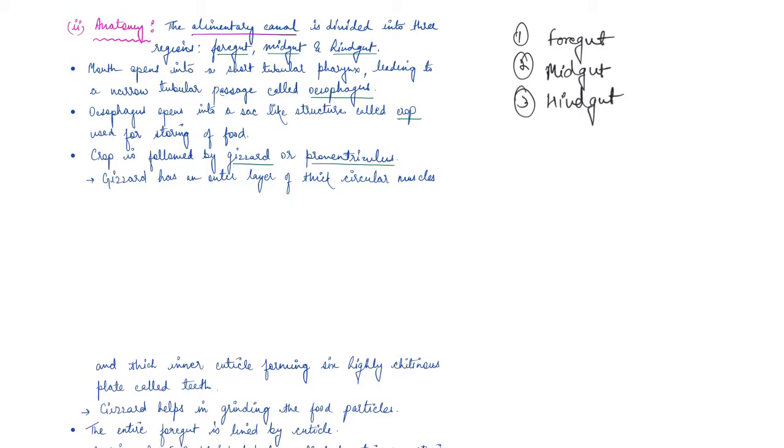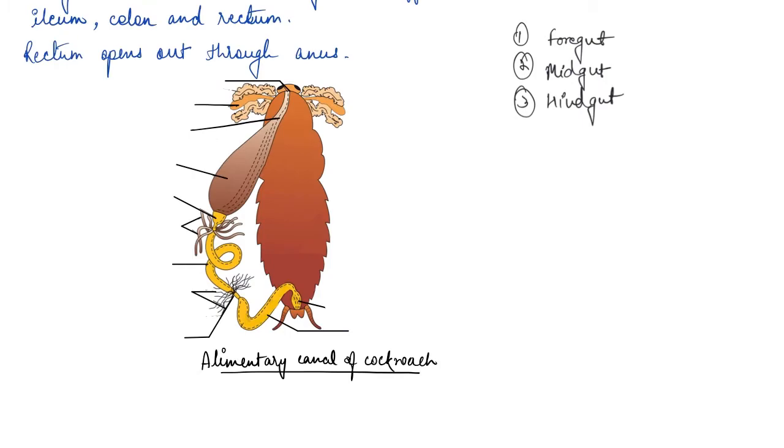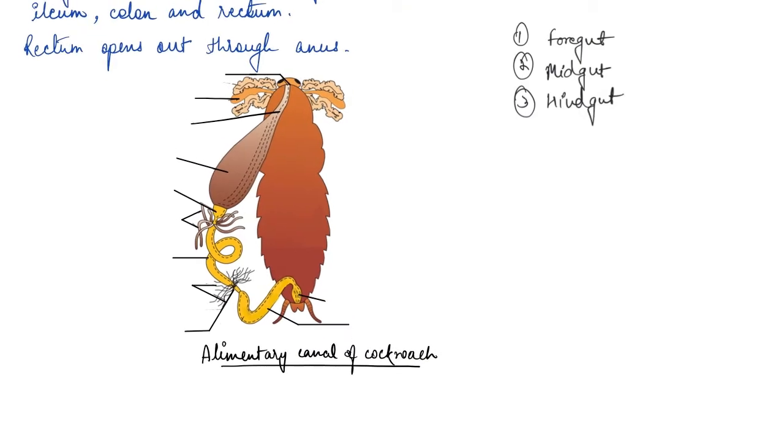Now, the foregut starts with mouth, and mouth opens into a short tubular pharynx. We'll better understand it with the help of the diagram itself. Guys, this is the alimentary canal. The very first segment after mouth is pharynx.